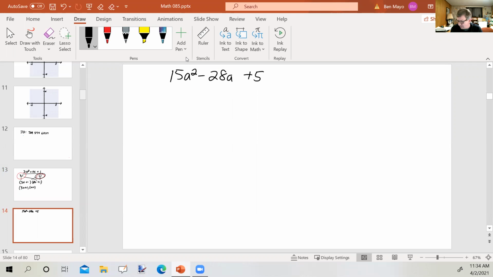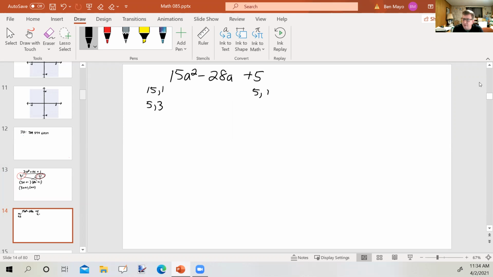There's no greatest common factor. It doesn't have a negative coefficient up front, so we wouldn't factor out a negative. Factor pairs that multiplied together give you 15 would be 15 and 1, 5 and 3. Then we look at the last term, the 5. Factored pairs that multiplied together give you 5 would be 5 and 1.